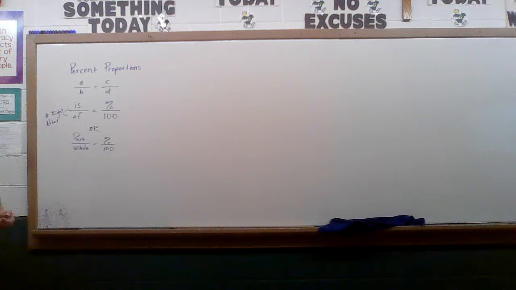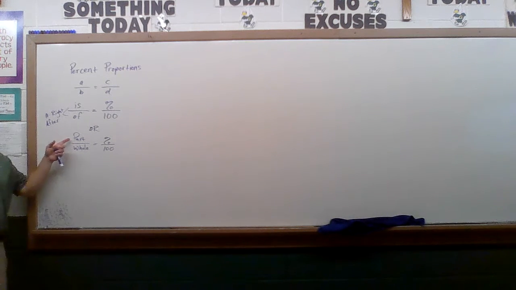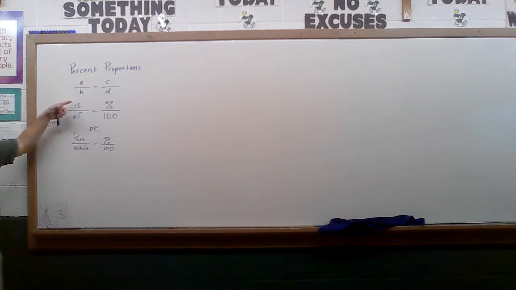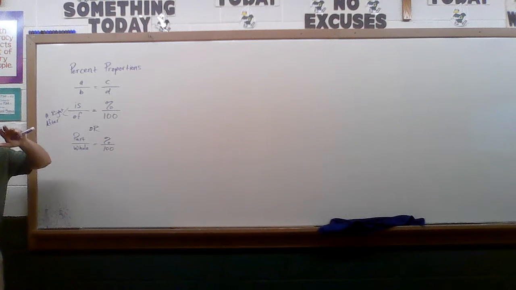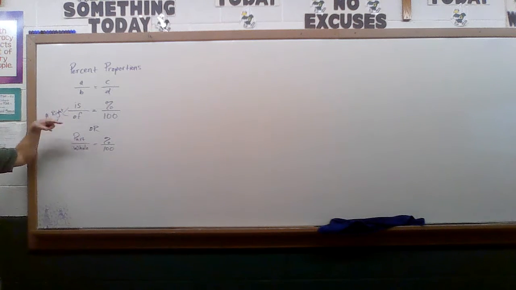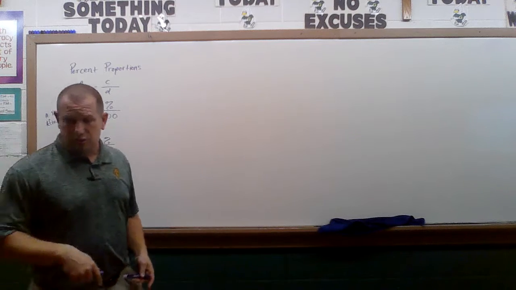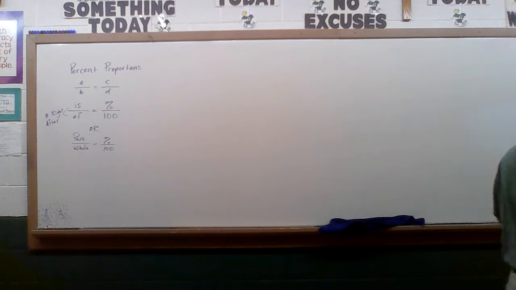So what's the whole thing that we're talking about, and then what percentage or part of it would go on the top. Either way, exact same method, exact same math we're going to do. It's just how your melon wants to listen to it or figure it out.